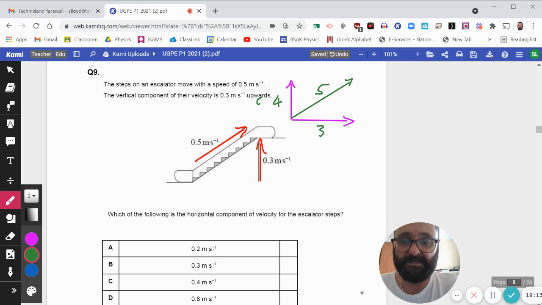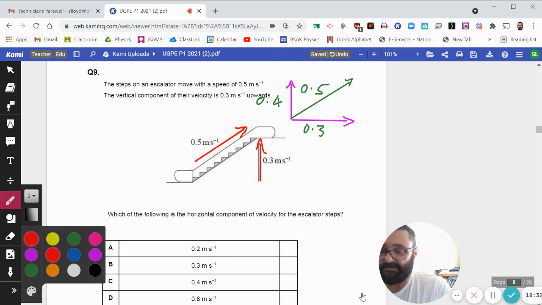You could have done the calculation using Pythagoras, but that question was designed for those with mathematical knowledge of 3, 4, 5 triangles.